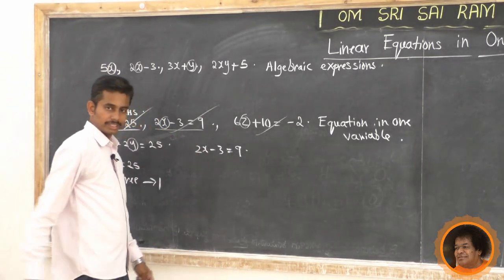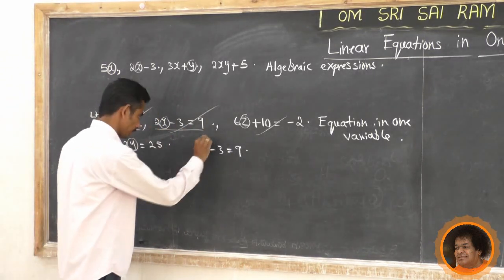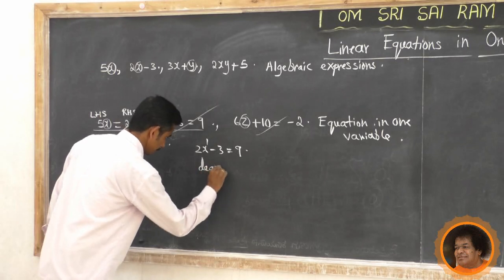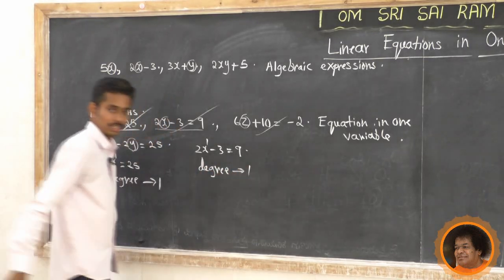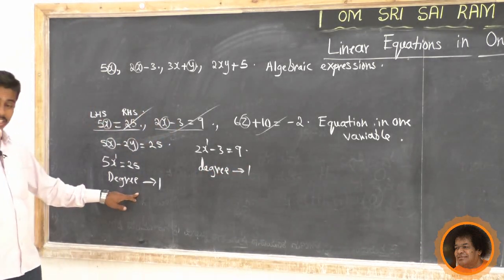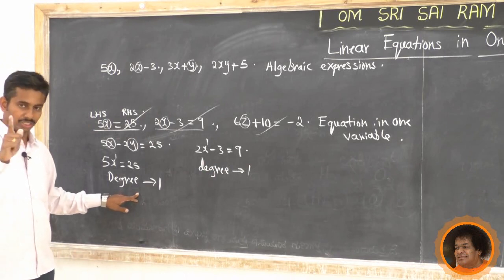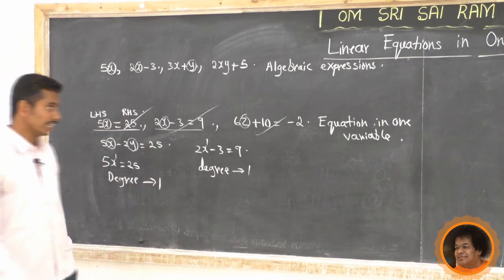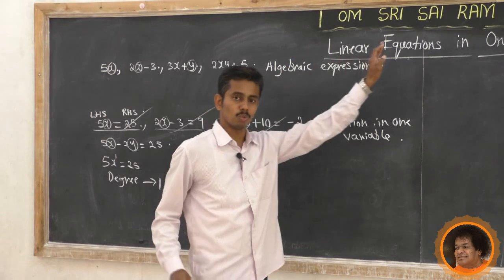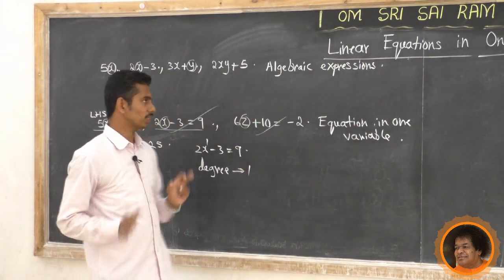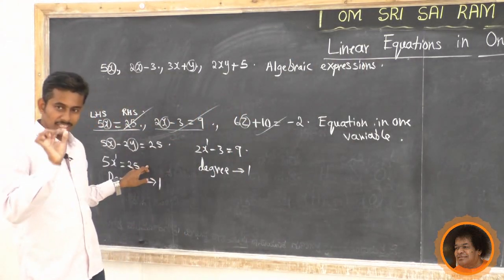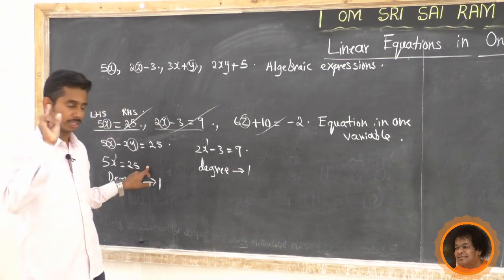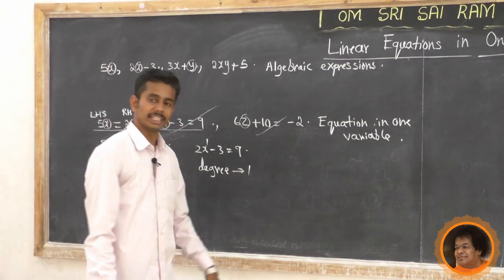What is the variable? x. What is the highest power? 1. So what is the degree? It is also 1. Highest degree of the equation is 1, so it is a linear equation in one variable. Very simple. Linear equation means the highest degree of the equation must be 1. Then it is called a linear equation.